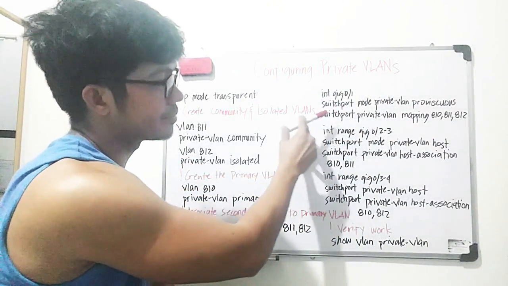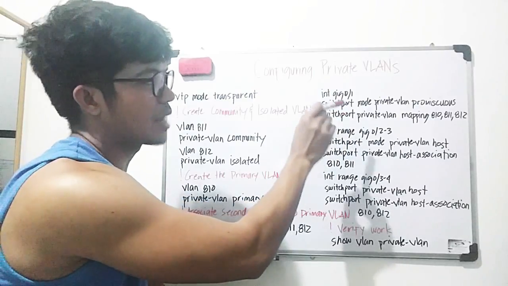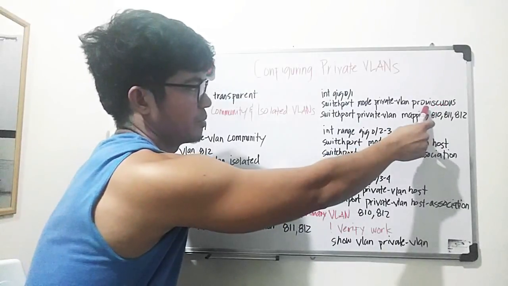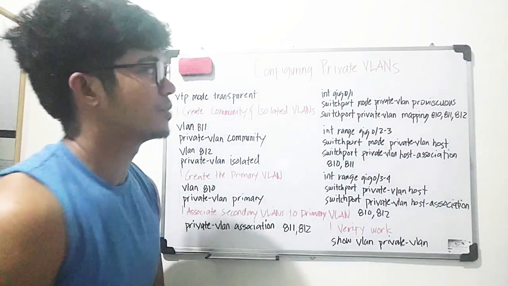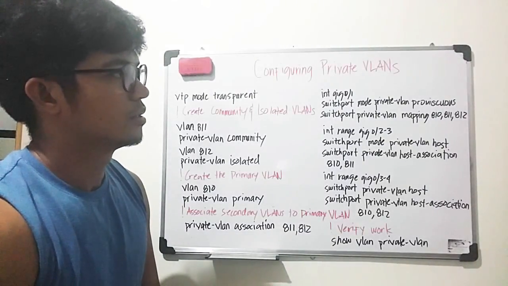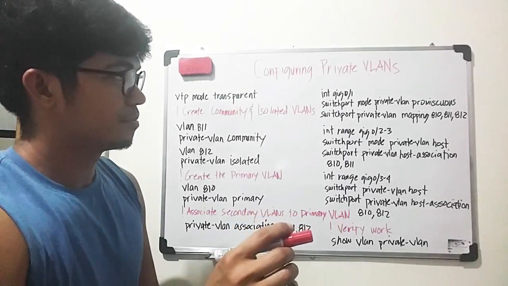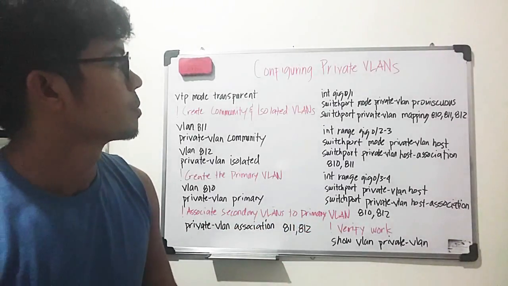This is the port that is connected to the gateway, so you need to configure that as the promiscuous port. This is the port that can talk to everybody, to all the ports within the isolated VLAN and community VLANs.